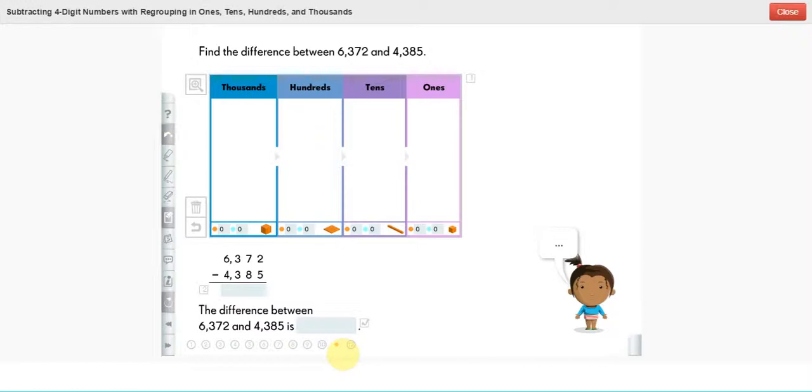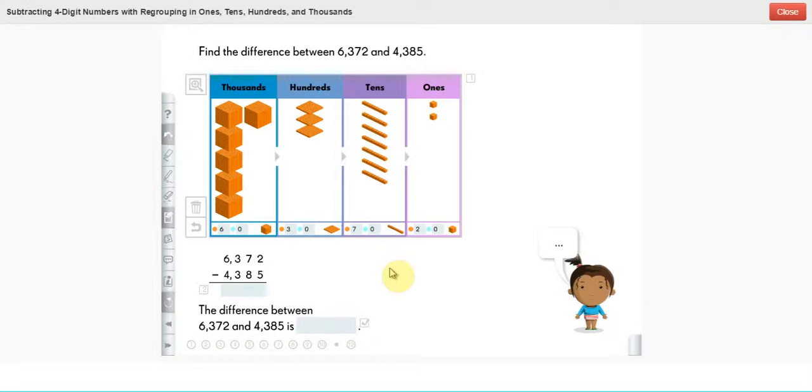Okay, I might ask the student at this time to represent 6,372 using the base 10 blocks in the subtraction place value chart. So the student would click on the unit cubes twice, the 10 rods 7 times to put in 7, 300s, and 6,000s.